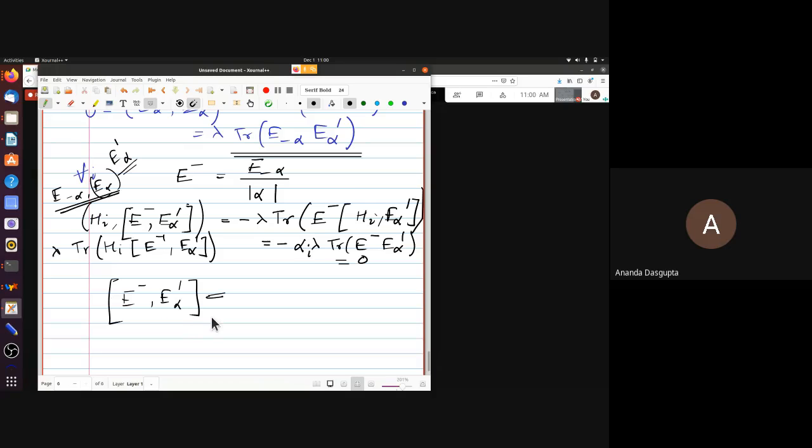This operator is orthogonal to every one of the HIs, right? By the way, what root does this correspond to? E minus E alpha prime essentially is proportional, apart from a factor, to E minus alpha E alpha prime.